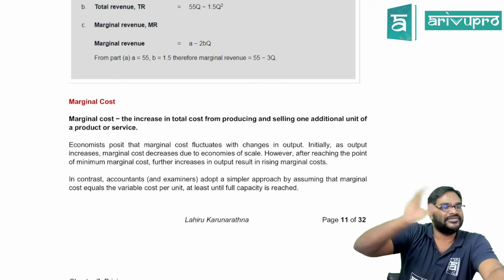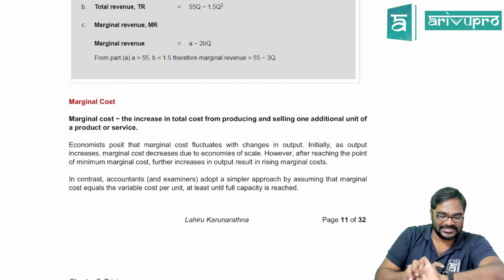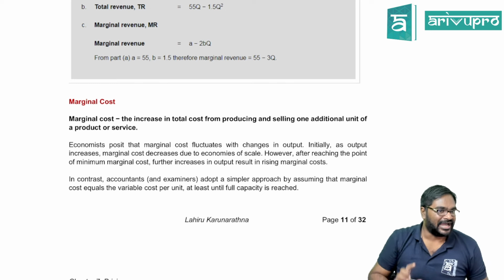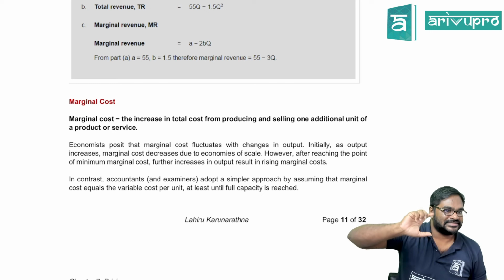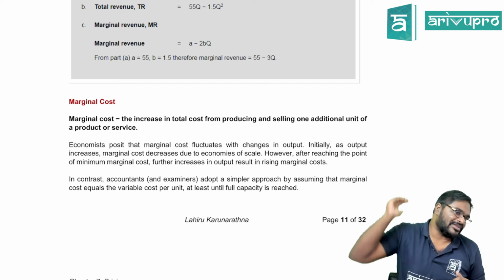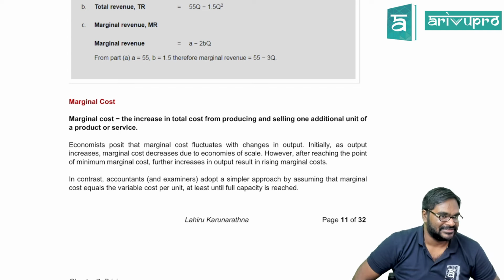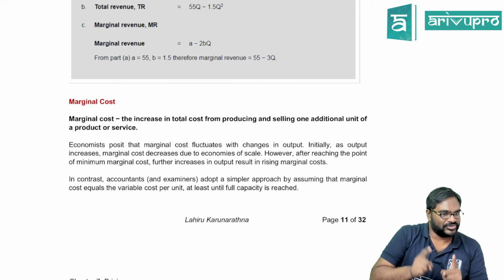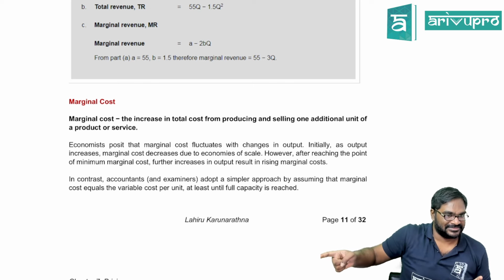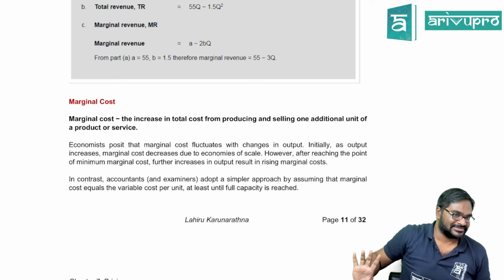Then you will have to invest more to increase the volumes. If you are doing that after the optimum point, when you increase the sales, your marginal cost will also start to increase, because at one point you will lose the economies of scale, isn't it? Agree on that? Right.